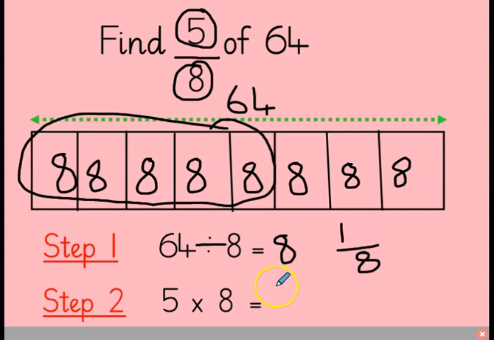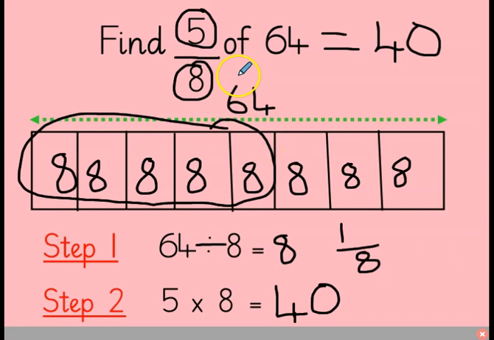So 5/8 are 40. So therefore 5/8 of 64 is the same as 40. And once again, to recap, I divided 64 by my denominator to find my unit fraction for step 1, and then I multiplied the answer to step 1 by the numerator, which is 5, to find my final answer.